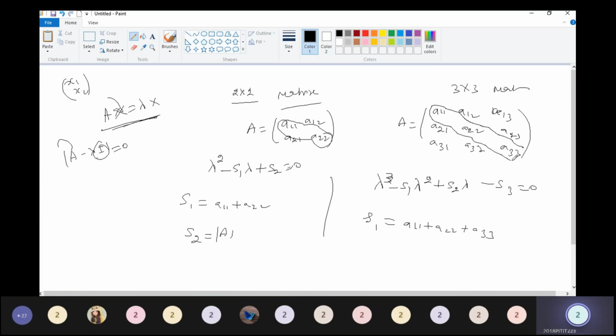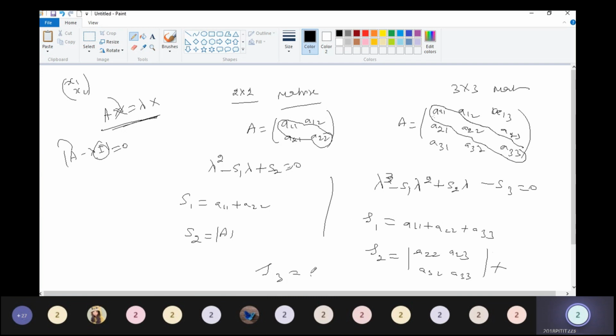That is s1. S2 equal to the sum of the minors of the main diagonal elements. So like that, the determinant of a22, a23, a32, a33, deleting the respective row and respective column, we get that determinant. Plus the minor of this element, a11, a12, a21, a22.